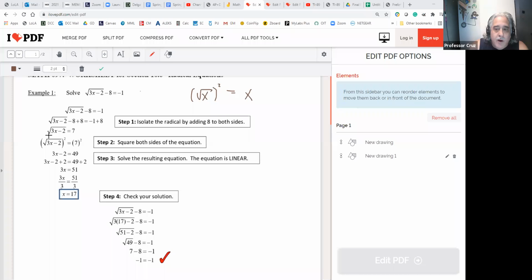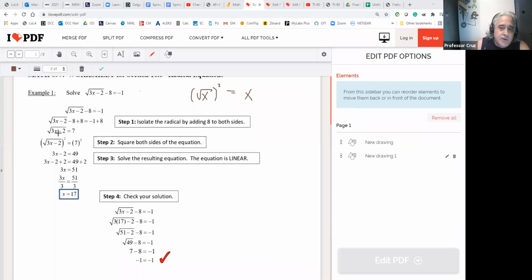So when we square the square root, the insides pop out, and on the right side we're squaring 7. So 7 squared is 49. From then on, it's just a plain old equation. We solve it and we find that x is equal to 17. Now, here is where we don't have a whole lot of choice about checking equations. Even if you did everything right up to that point, there's a possibility that we have what's called extraneous solutions, because we're not working with the original equation.